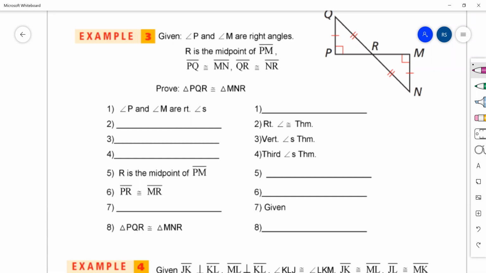So angle P and angle M are right angles. That's given. P and M right angles, okay? R is the midpoint of PM. That's a given. So R is in the middle here. R is in the middle.